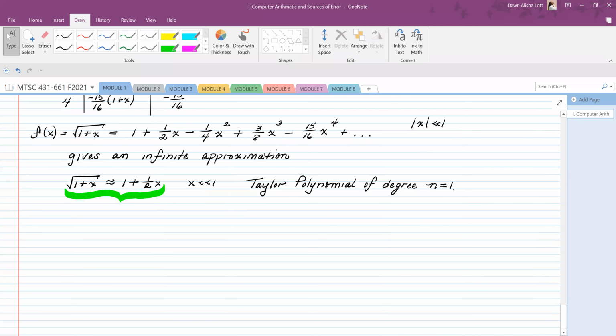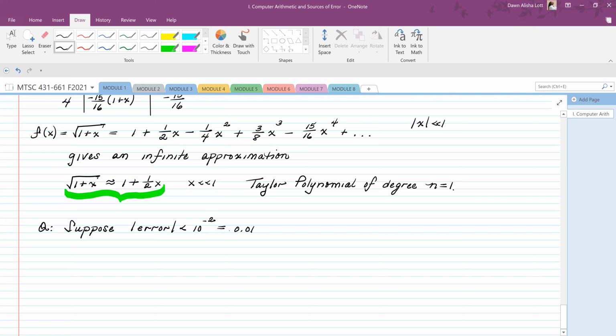All right, so here's our question. Suppose we're looking for the absolute value of our error to be less than 10 to the minus 2, or 0.01.